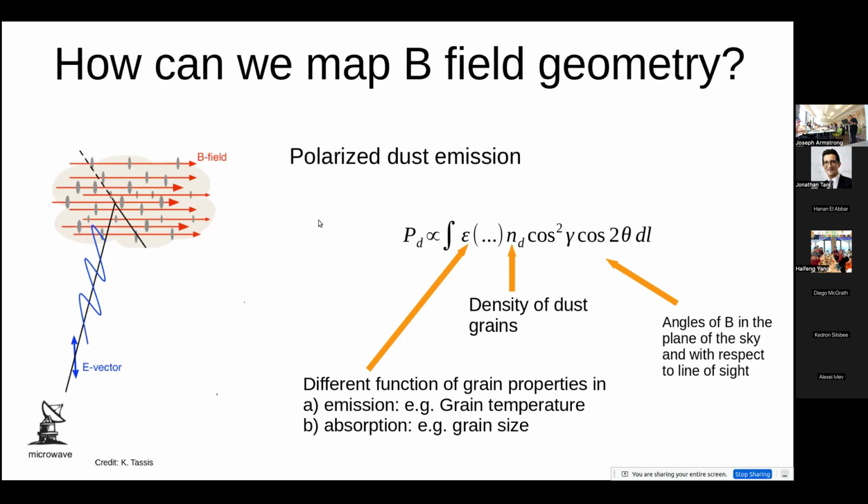But this time, your signal is an integral along the line of sight that has some function that weighs in the temperature of the dust grains and their microphysical properties, like the porosities, the shapes, compositions. You also weigh by the density of these particles. And there are these 2 factors here that tell you about the geometry of the magnetic field. So gamma is the angle that the magnetic field forms with the line of sight. Theta is the angle that it forms on the plane of the sky.